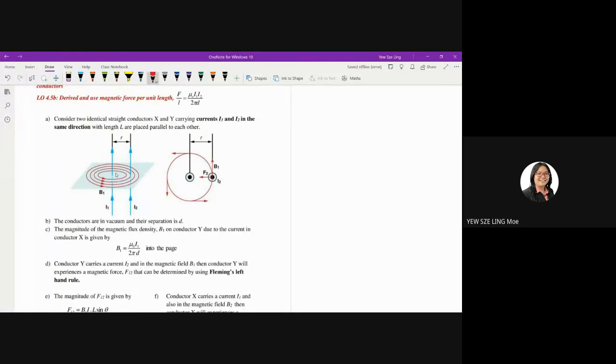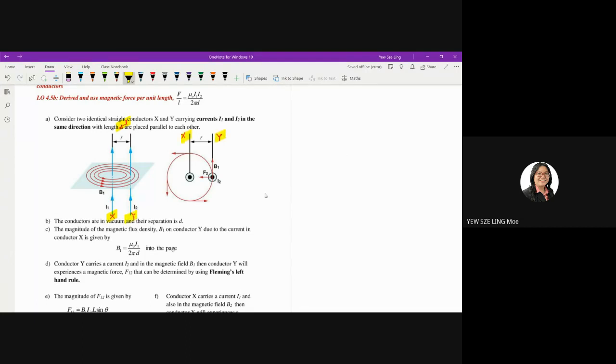So now you have a length. Length should be small letter L. Now they are placed parallel to each other, and this is your conductor X. This is your conductor Y. Semua ini kamu catat ya, sebab dia kena left out from your books. So you make a correction. L huruf kecil, X ini, Y ini.